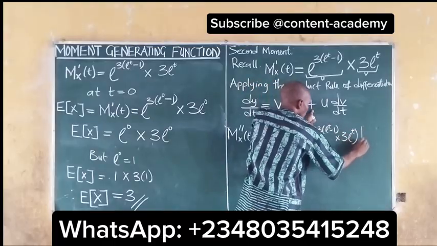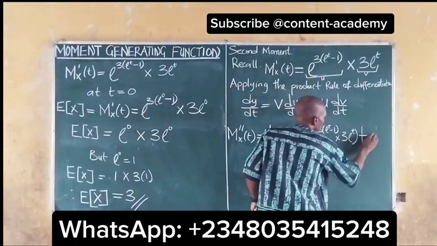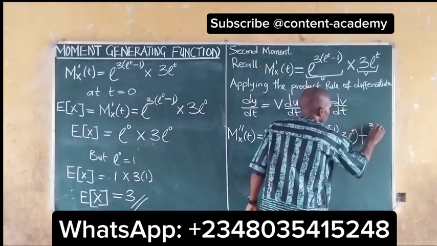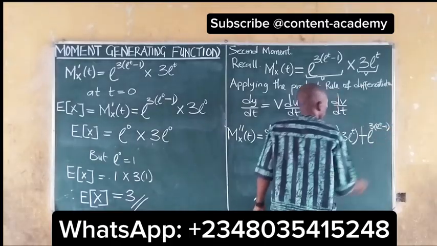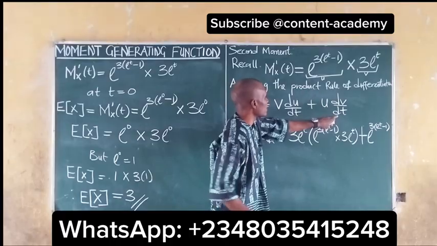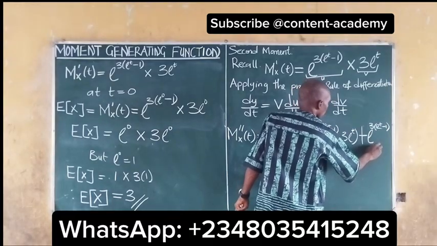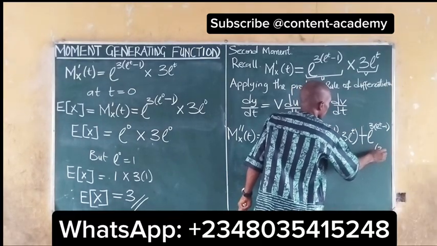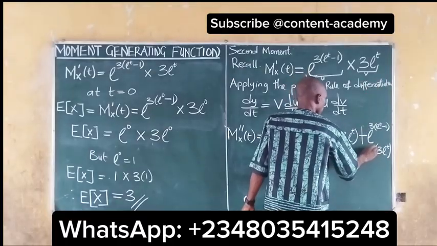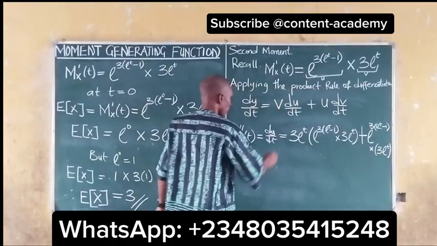Plus u. What is our u? U is the whole of this, so we have e^(3(e^t - 1)). U multiplied by dv/dt. If we differentiate this function, we get the same thing multiplied by 3e^t. So we can write this out.